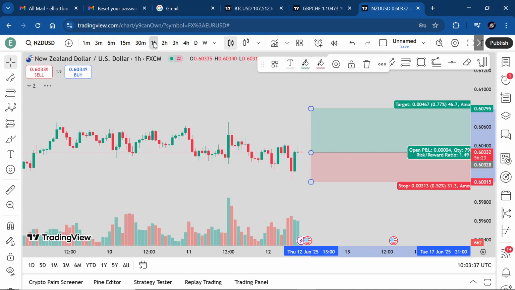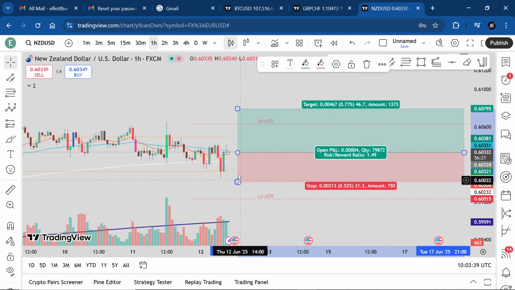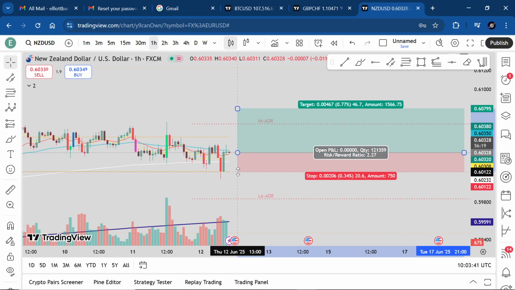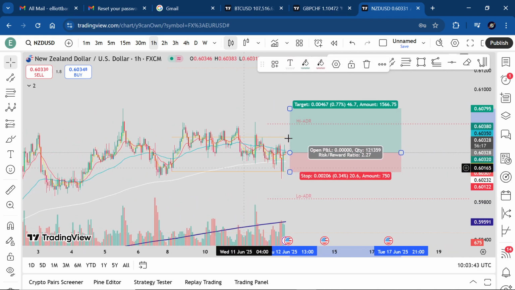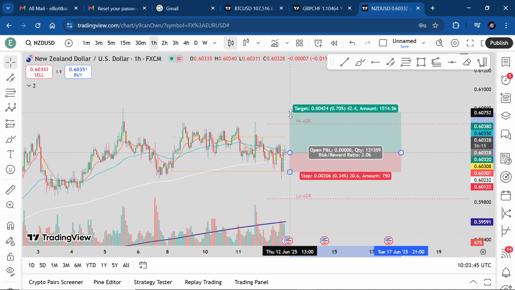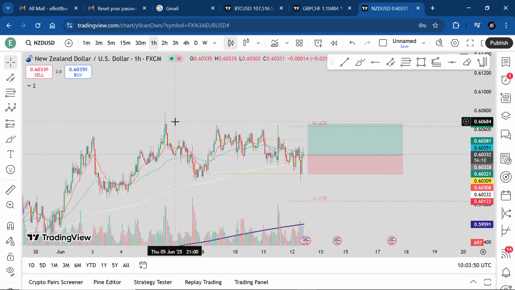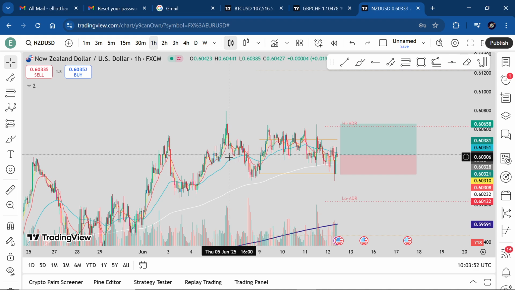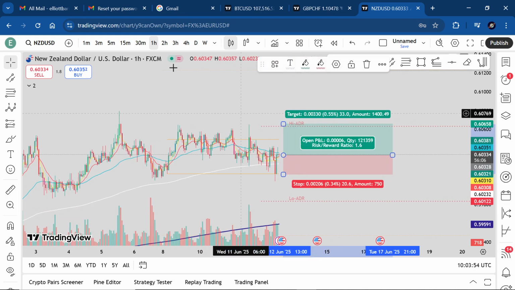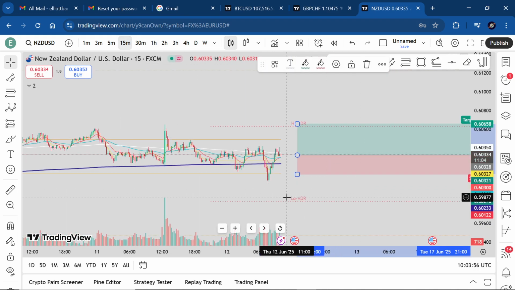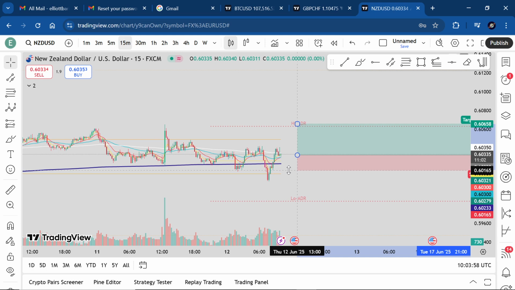We go to the 1-hour time frame. Looking much better. Intraday, you may want to just take out one of these highs. You're not guaranteed to take that high out today, so you've got that as a risk to reward. You go to the 15-minute time frame. That's your last OB.